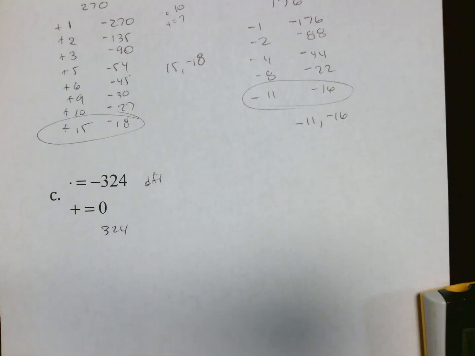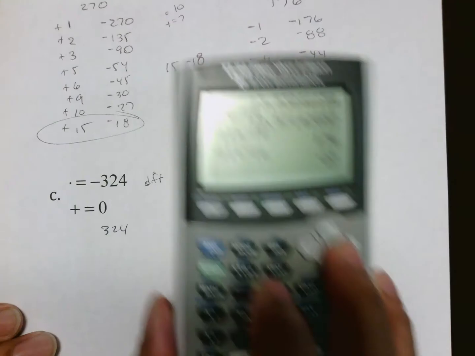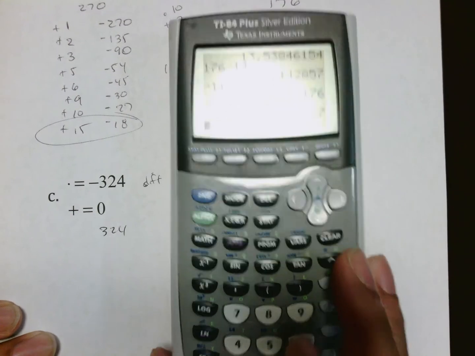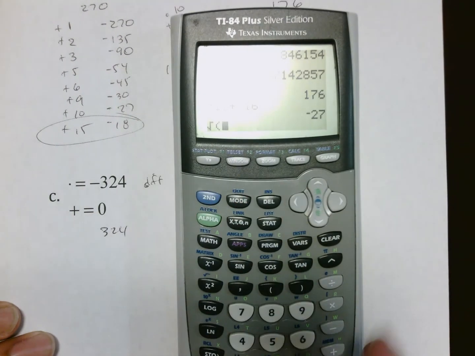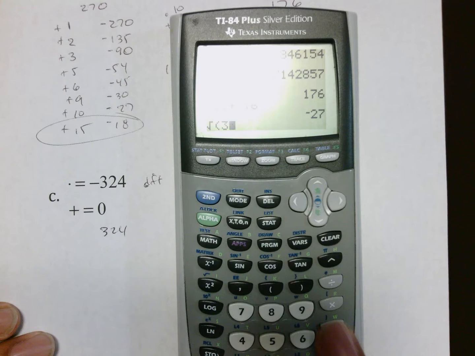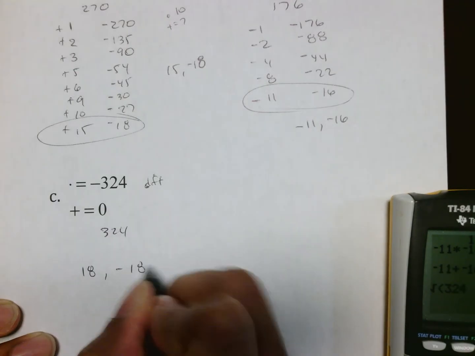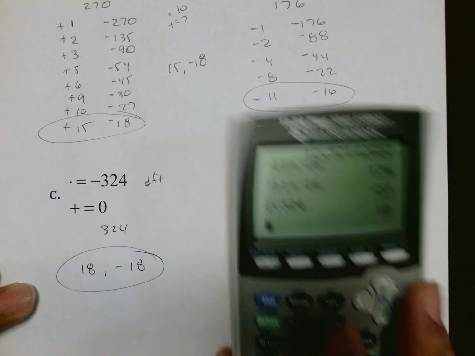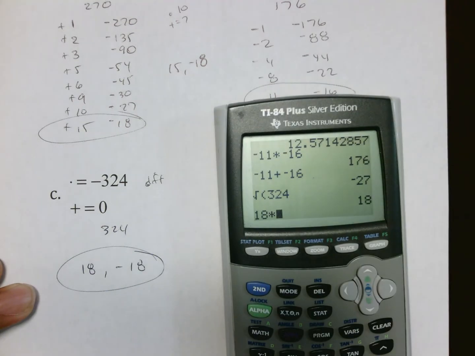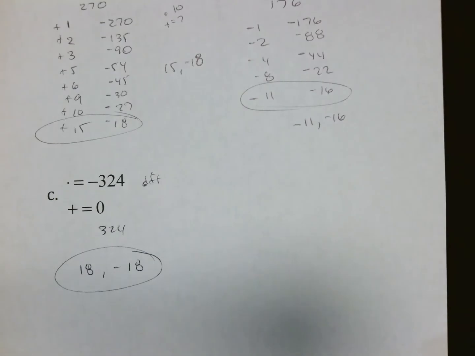So think for a second, how do you find a number that multiplies by itself to make 324? You find it by doing the square root of 324, and 18 and negative 18 have to be your numbers. Again, you can check that out. 18 times negative 18 is negative 324, and of course 18 plus negative 18 is 0.